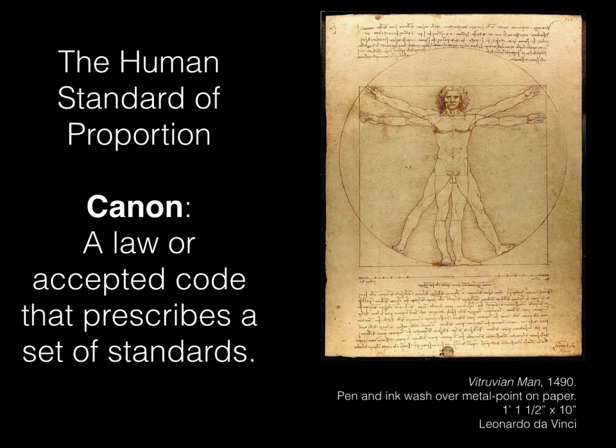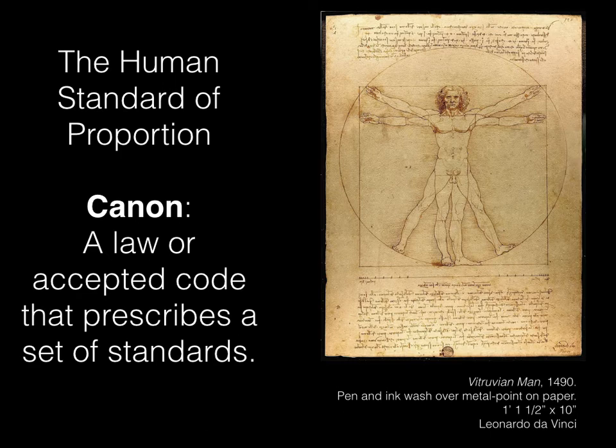It was based on this Roman architect named Vitruvius, who first set standards in architecture. So Da Vinci's giving an homage by calling it Vitruvian Man, but it was the beginning of these rules that certain things should be a certain way. For example, in this drawing, the body height is 8 heads tall.